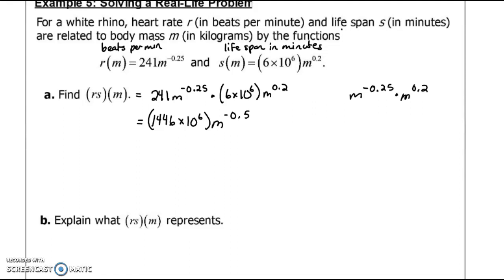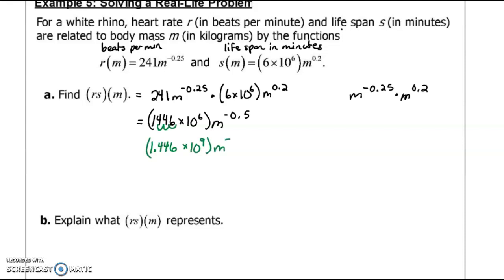Okay, and then I'm just going to go ahead and turn this into scientific notation. So how I do that is I need to move my decimal place back 3 places to be 1.446. Now if I move it 3 places, that means instead of 10 to the 6th, it now needs to be 10 to the 9th, to account for those 3 extra places I moved the decimal.